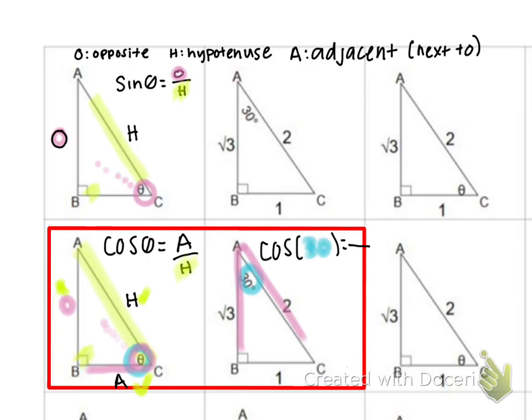I have this one and this option right here. But from both of those options, one of them is the hypotenuse. So you're not going to use that 2. That square root of 3 right there would be my adjacent. So I'm going to put square root of 3 at the top. And at the bottom, you have your hypotenuse. So our hypotenuse is this side right here, which is that 2. So that 2 is going to go right there at the bottom. So cosine of 30 equals square root of 3 over 2.